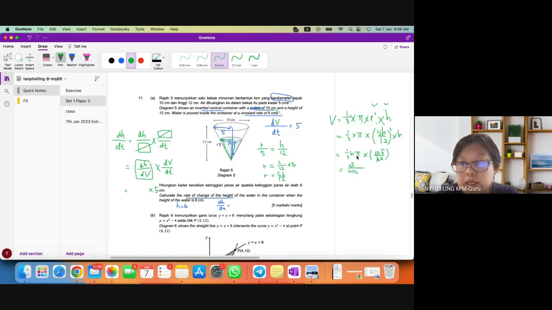And this is my 432 with h times h cube. I get h square. H times h square, I get h cube, and then pi. Actually, my pi, I want to write it here with the number, because pi is a constant, so that later you won't confuse.